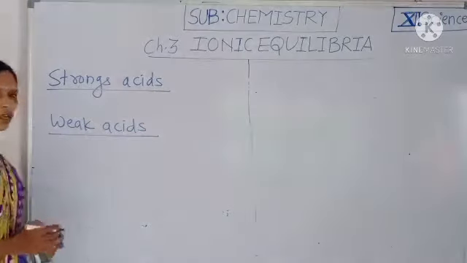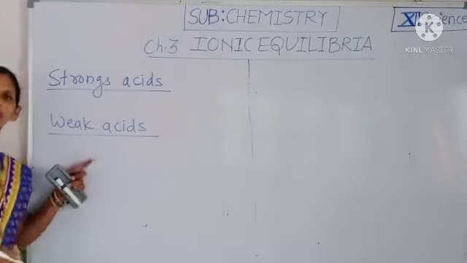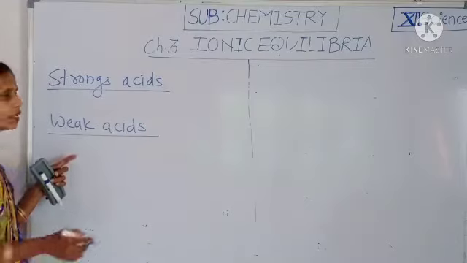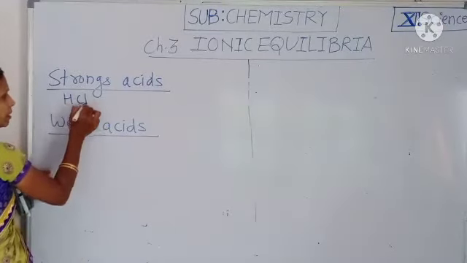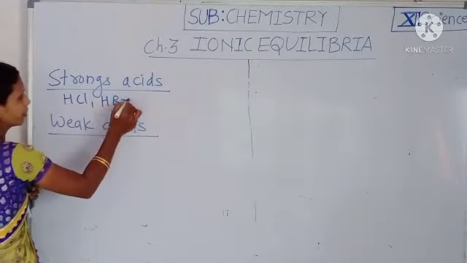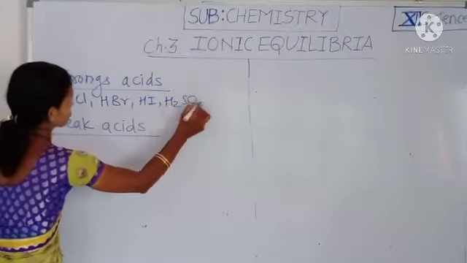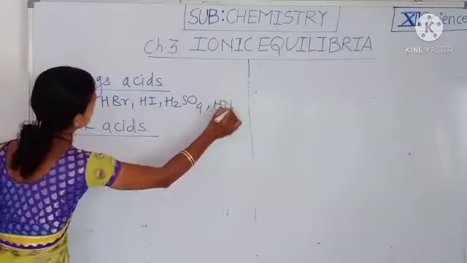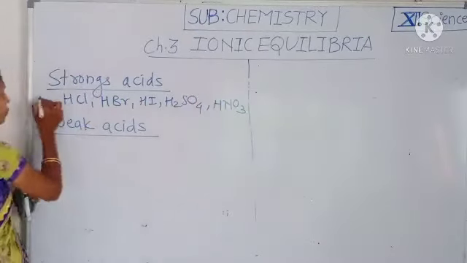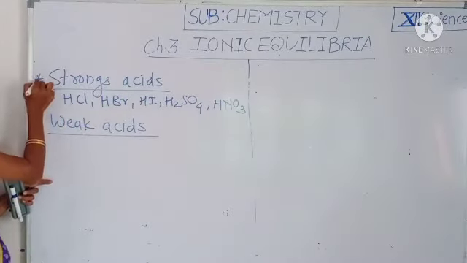Strong acids generally are HCl, HBr, HI, H2SO4, HNO3, which are a few examples of strong acids.